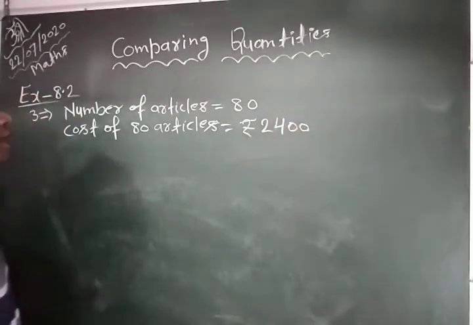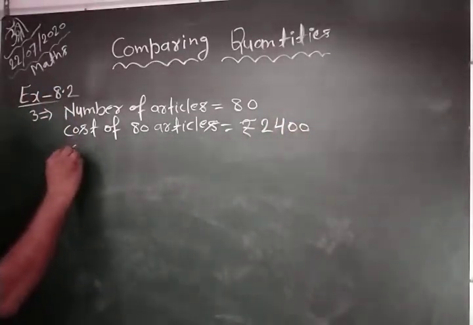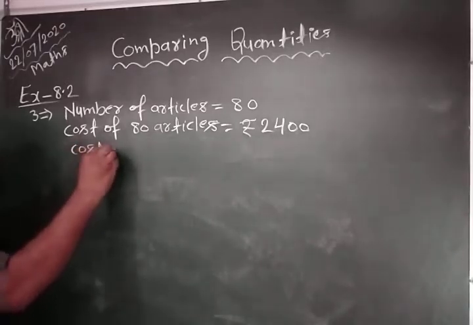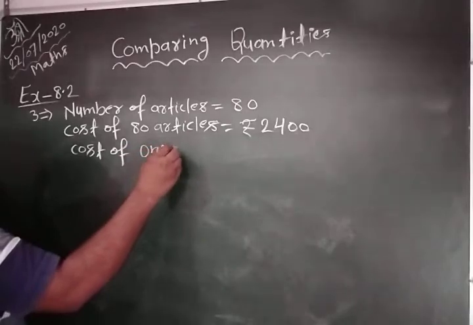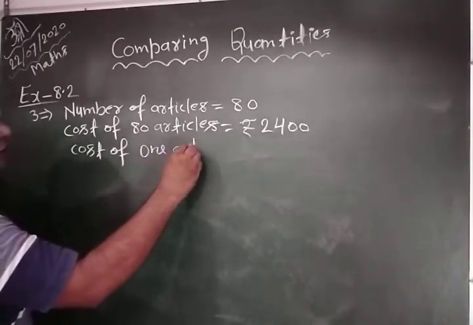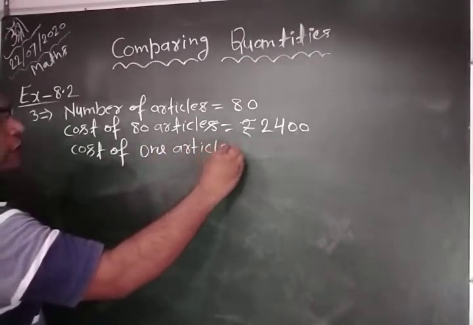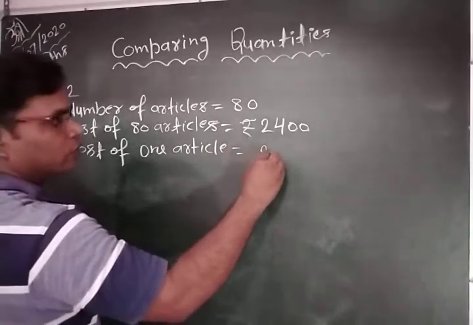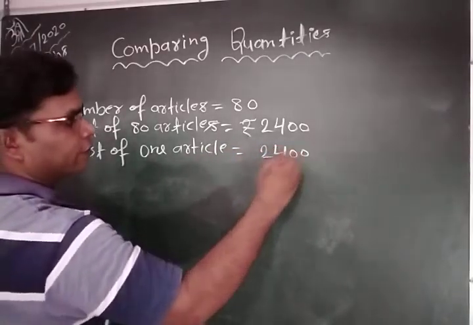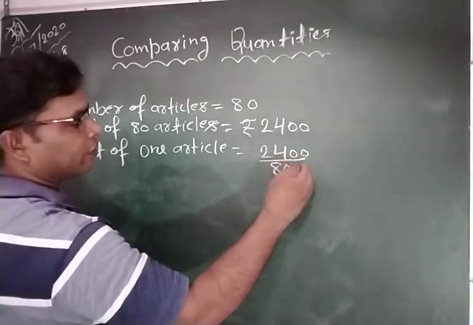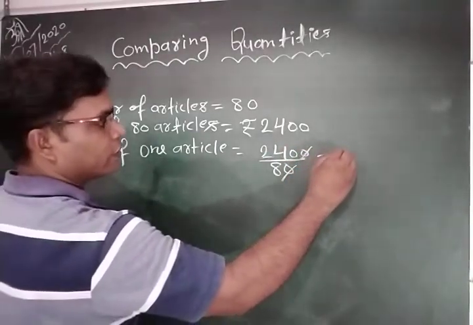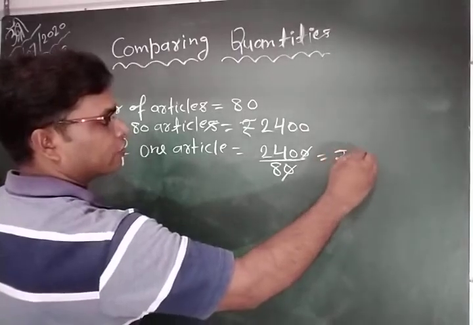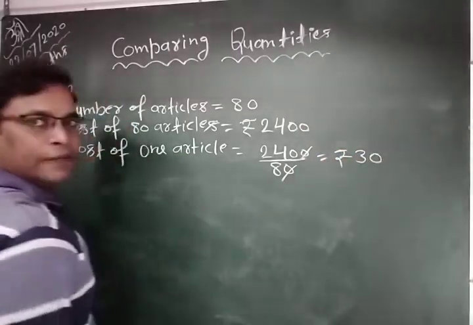Okay. So you find the cost of one article. Cost of one article is equal to 2,400 by 80, and 0 cancel, 8 3 is 24. So the cost of one article is equal to rupees 30. Clear?